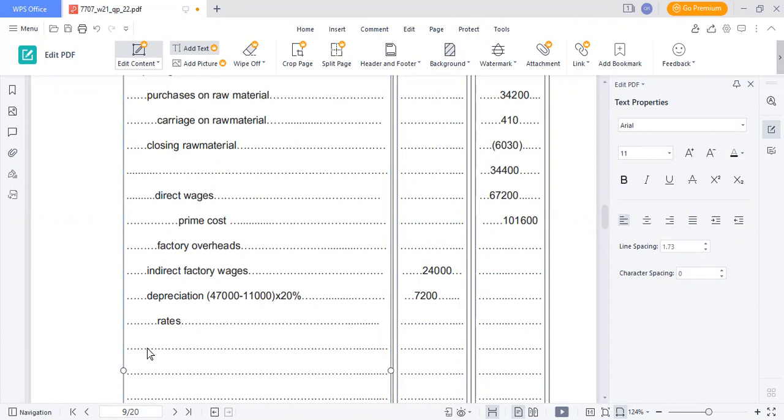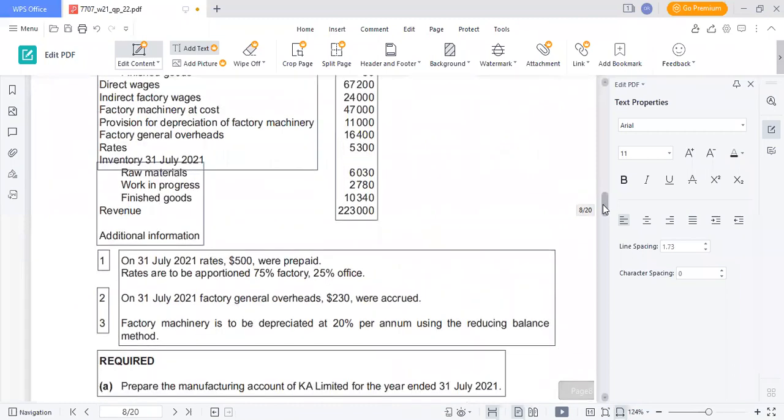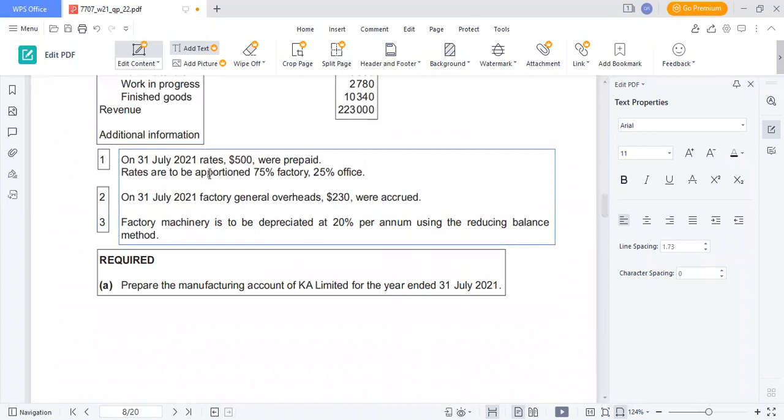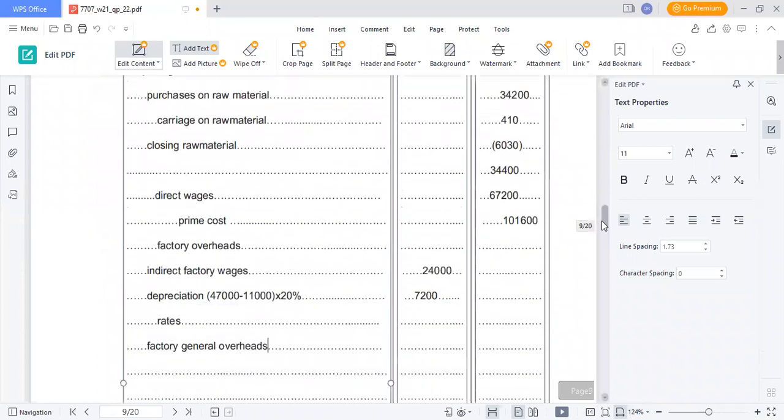We have rates and factory general overheads. Factory general overheads are 230 accrued. And the rates are apportioned 75%. Rates are also accrued and prepaid, and we have apportioned 75% factory and 25% office.